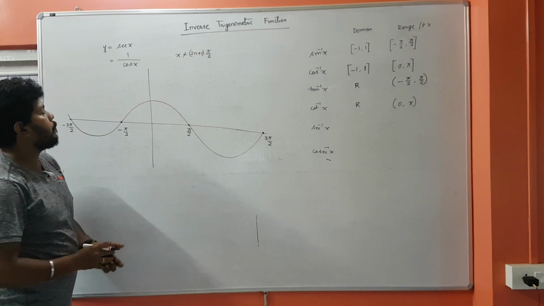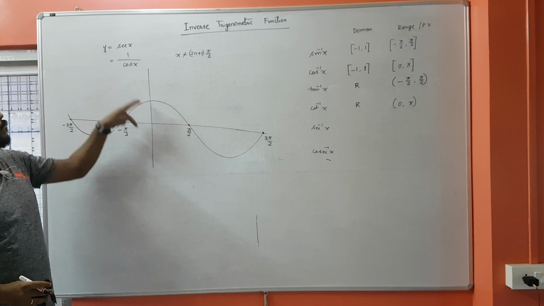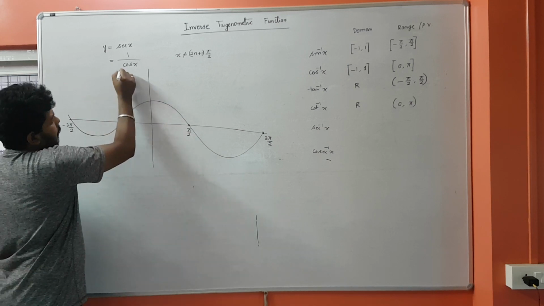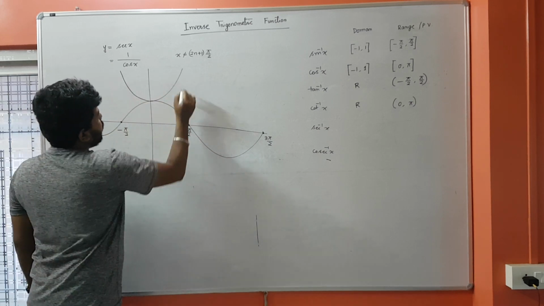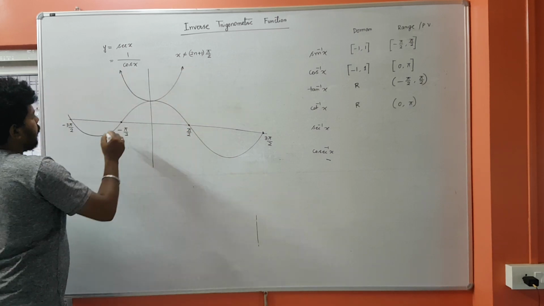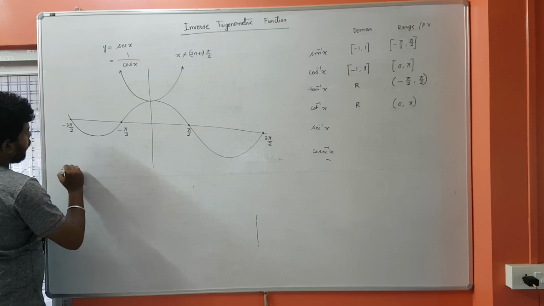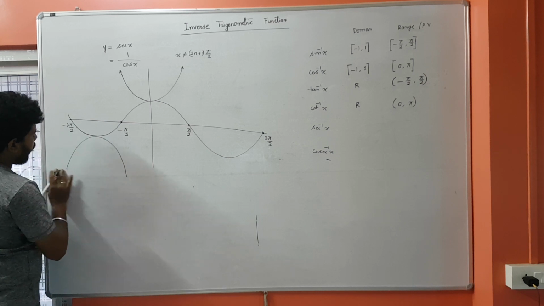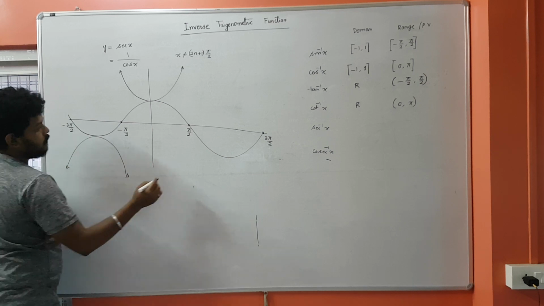Now, if I find the reciprocal of cos x, I will get a curve like this. It will go up to infinity. Again here in this branch, I will get a curve like this.